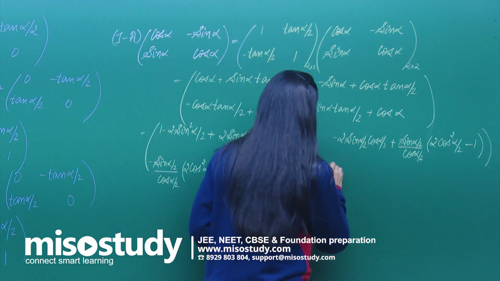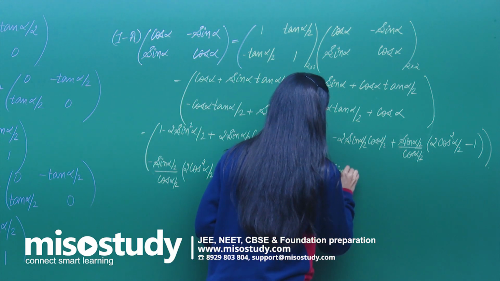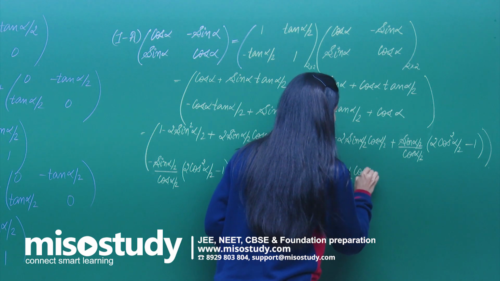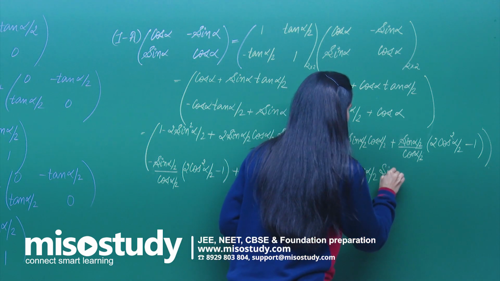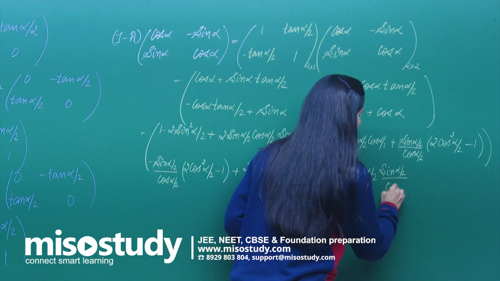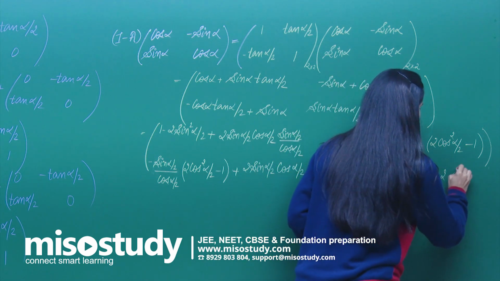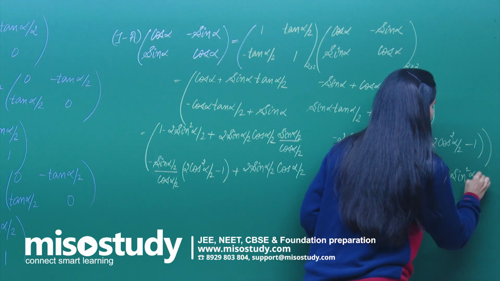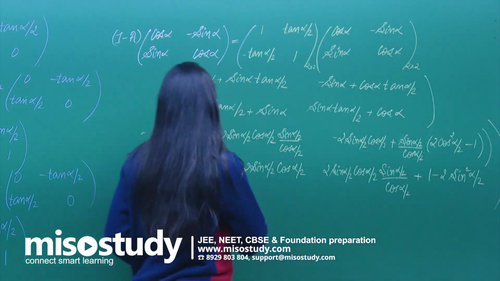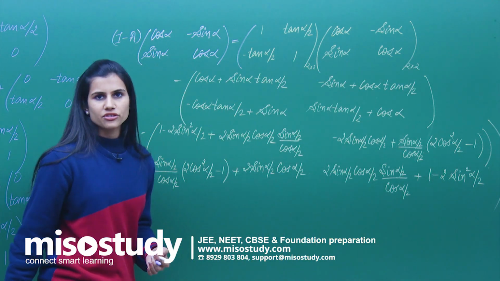Then here it is sine alpha, which is again 2 sine alpha by 2 cos alpha by 2. Tan alpha by 2 is sine alpha by 2 upon cos alpha by 2, plus cos alpha, which is 1 minus 2 sine square alpha by 2. We have dissolved this complete matrix.